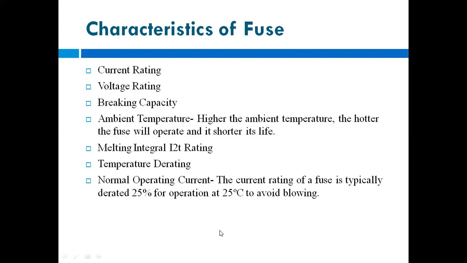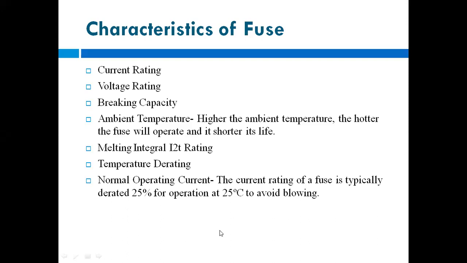The current rating of the fuse is derated by 25% for operation at 25 degrees Celsius to avoid blowing.